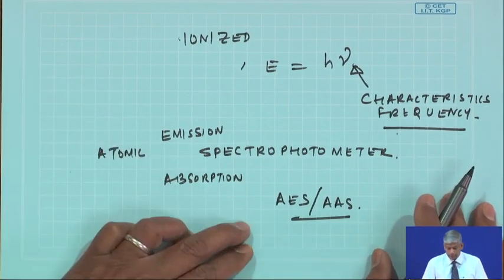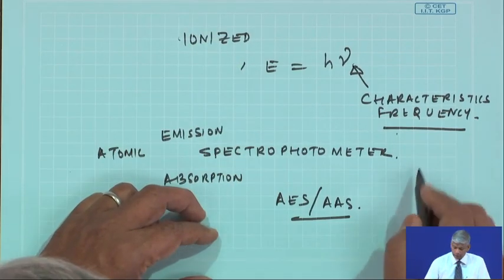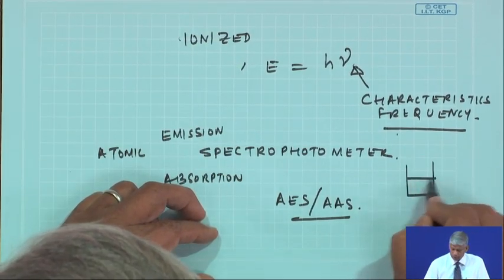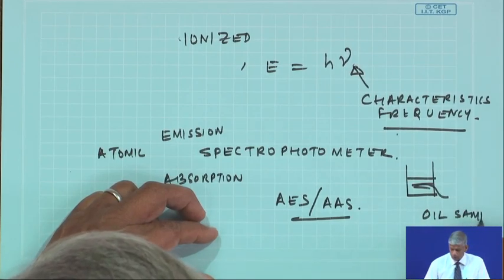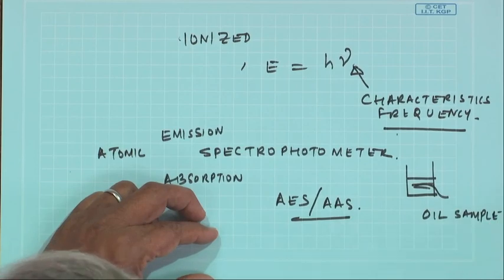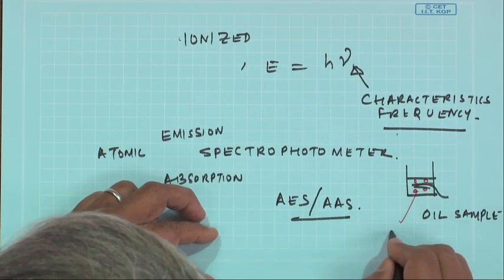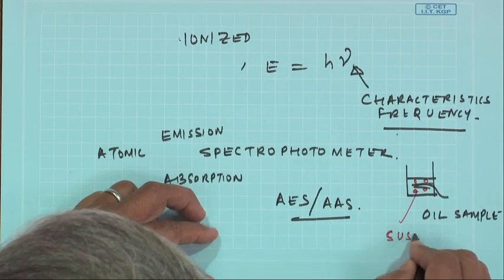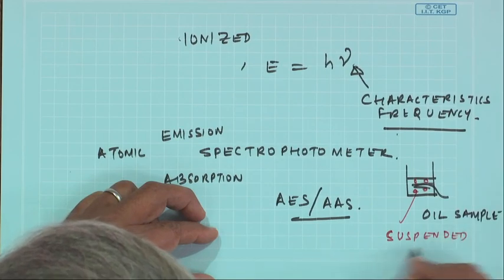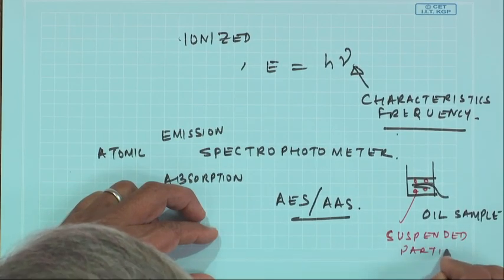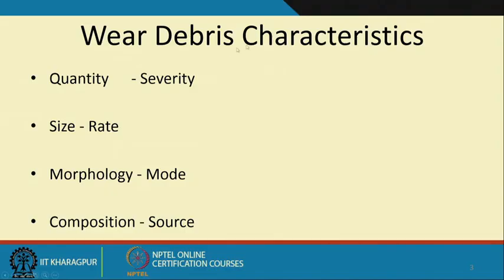So, they cannot be carried to the field, and so other ways we have to get that oil sample in which these particles are suspended like a colloidal solution. And we can see the chemical compositions.